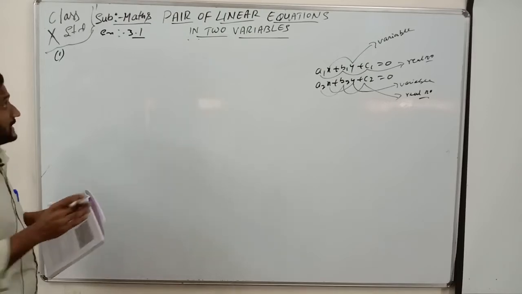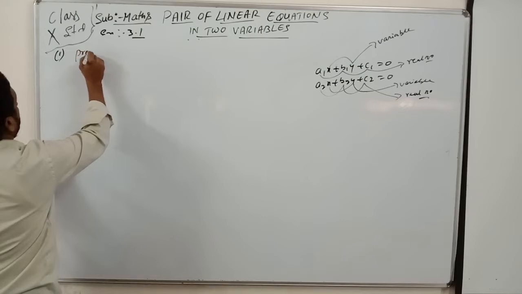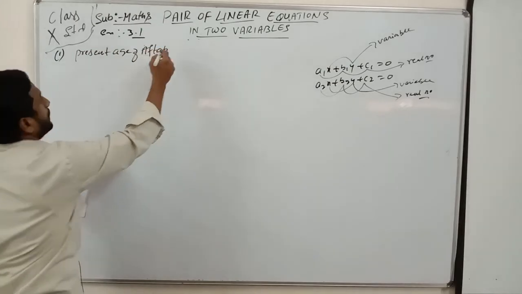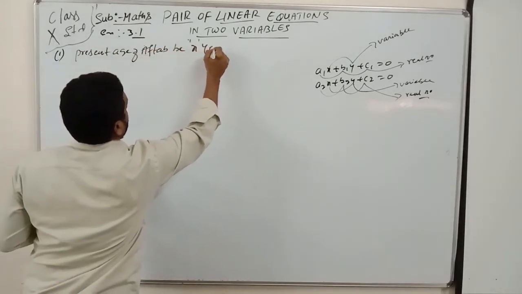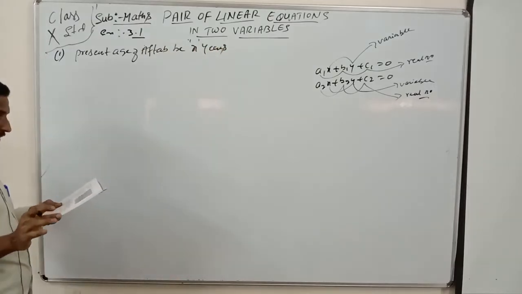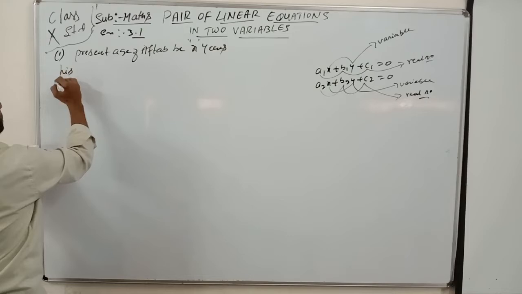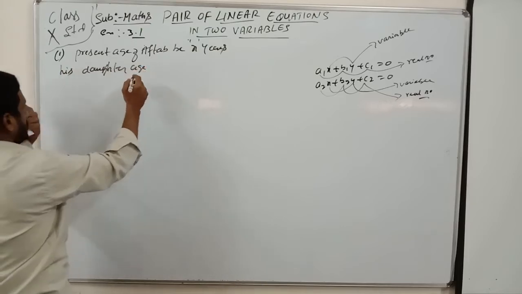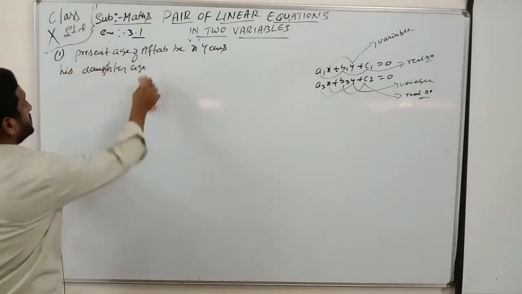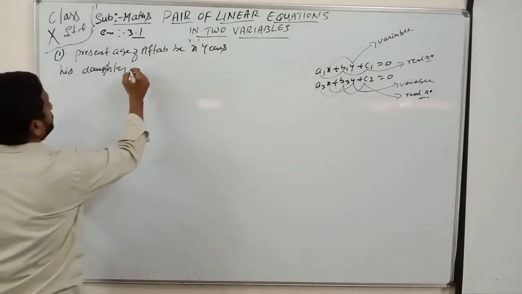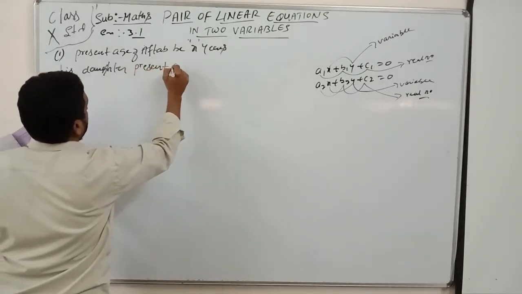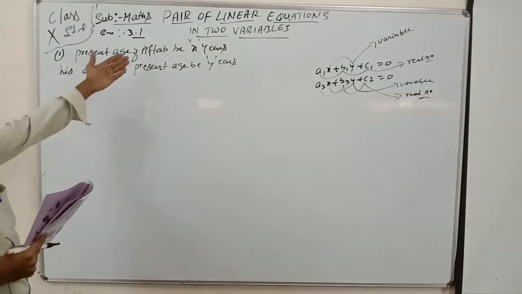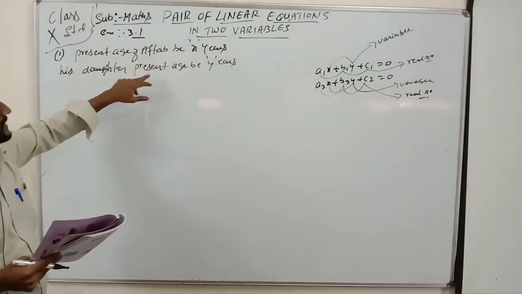Let the present age of Aftab be x years, and his daughter's present age be y years. So Aftab's present age is x years and the daughter's present age is y years.